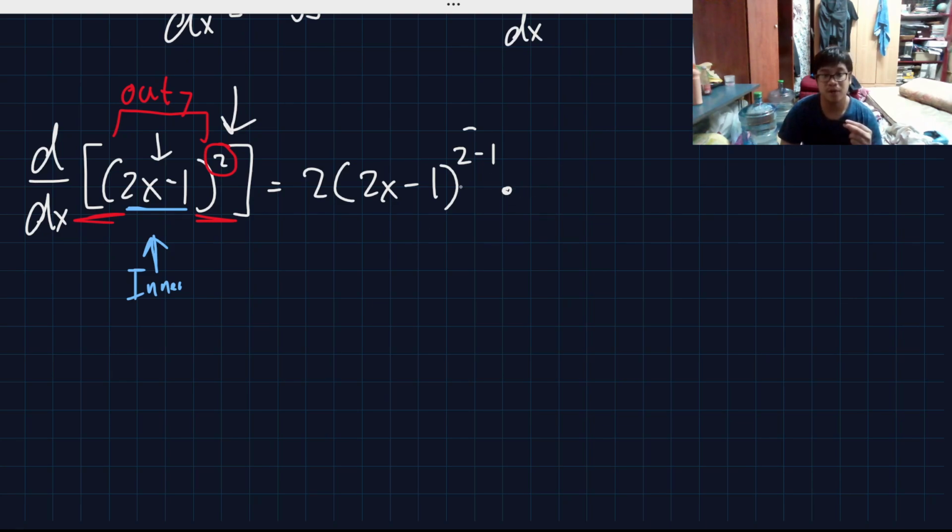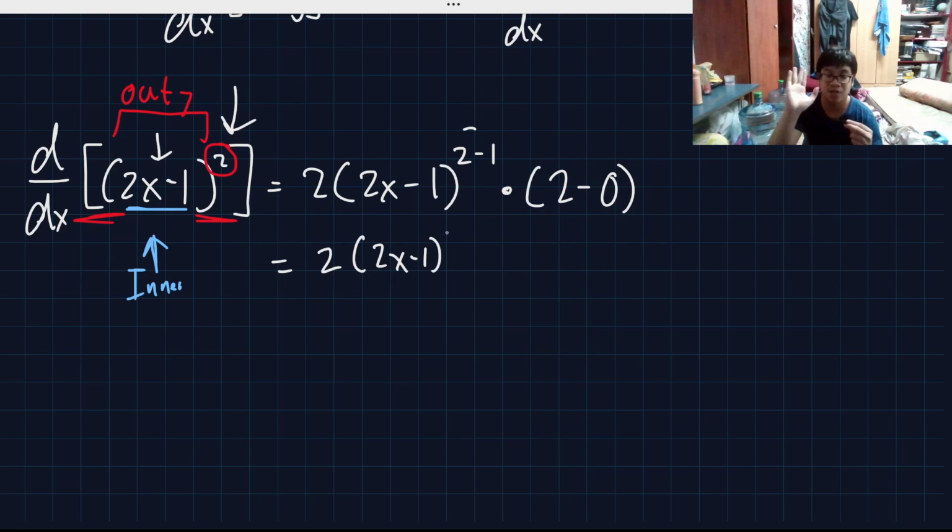The derivative of 2x is 2, minus the derivative of 1, which is 0. So let's combine everything. 2 times quantity 2x minus 1 raised to 2 minus 1 is 1, or we can just leave it as 2x minus 1. Then 2 minus 0 is simply 2. So 2 times 2 is 4. And there we go. See?